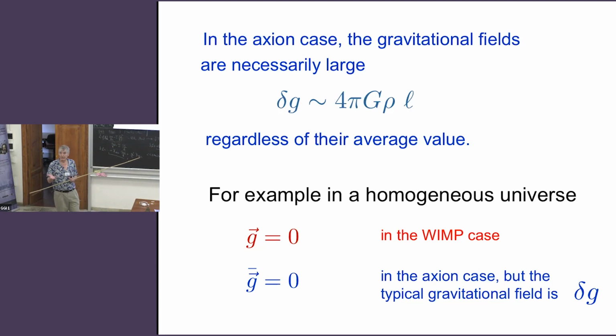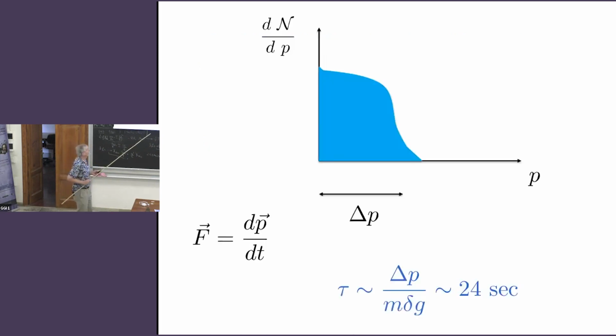The gravitational field fluctuates, and I ask how quickly it rearranges this momentum distribution entirely. And I estimate it to be 24 seconds today, if it didn't happen before.